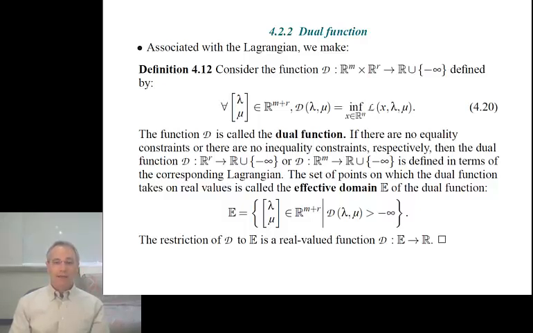To make it convenient to refer to that region, we'll define the effective domain E of the dual function to be the set of lambdas and mu's such that the dual function is greater than minus infinity.